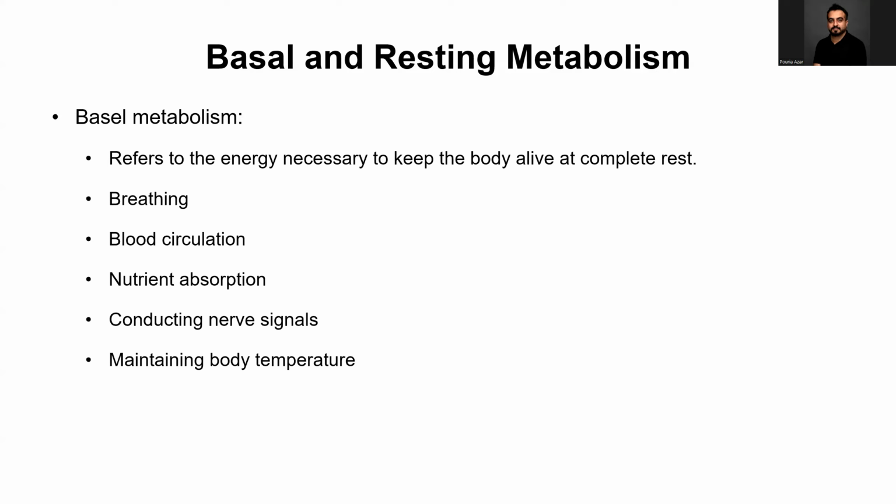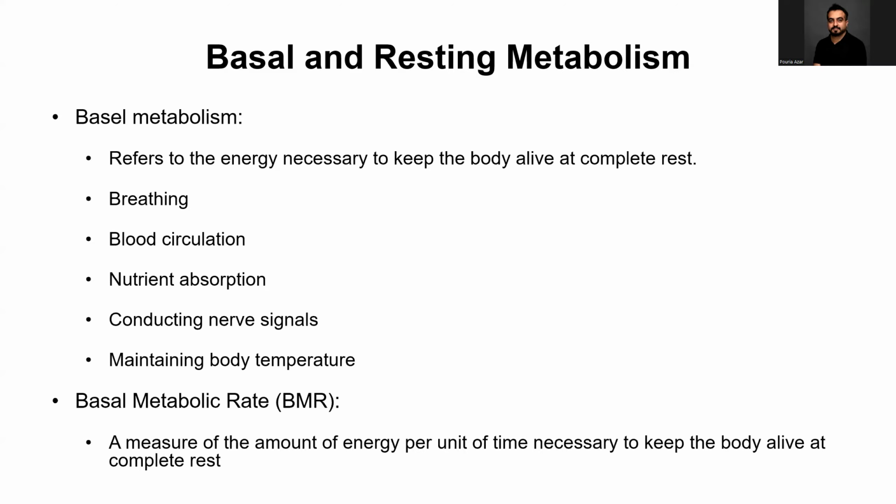It can include breathing, blood circulation, like the heart pumping the blood throughout the body, or the energy we need for nutrient absorption. We need energy to conduct nerve signals and overall for the nervous system, and also for maintaining body temperature. These all require energy, and this is the basal metabolism or basal metabolic rate.